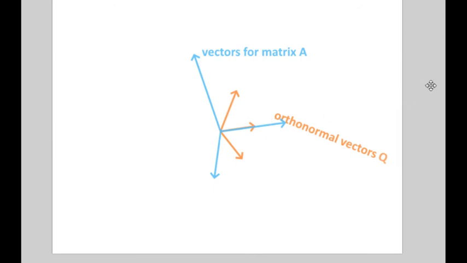It's a bit hard to see in 3D, but we want to align one of the vectors for Q, the orthonormal vector, with one of the vectors for matrix A.